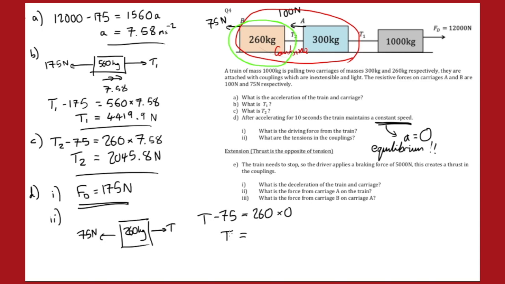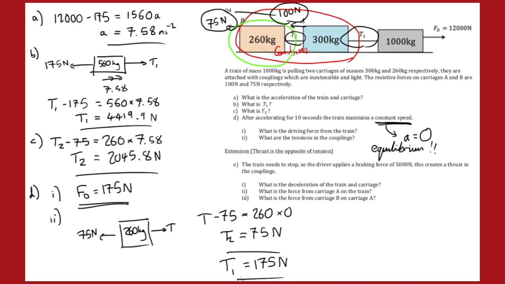Therefore, T must equal 75. So the tension in the second coupling is equal to the resistive force, and the tension in the first coupling, not difficult to work out, is you add those two together. So in this case, T2 is 75 and T1 is 175. Again, remember, we're in equilibrium, so those forces must balance.